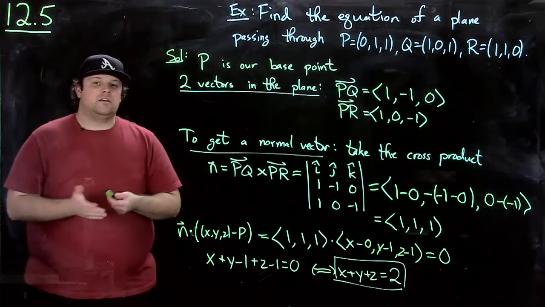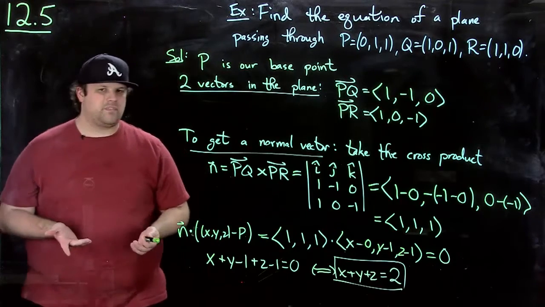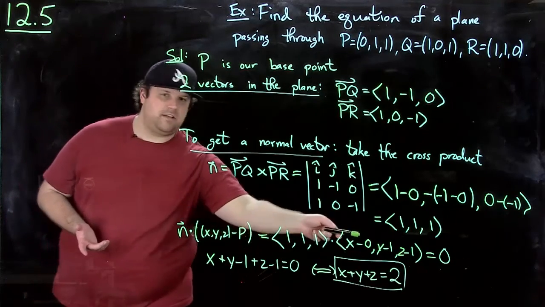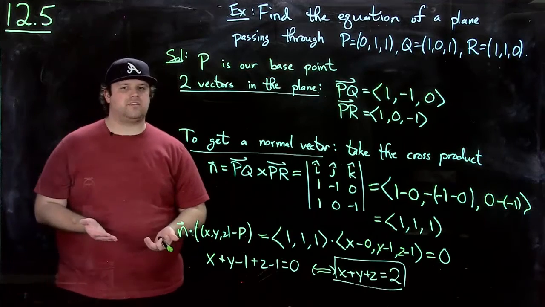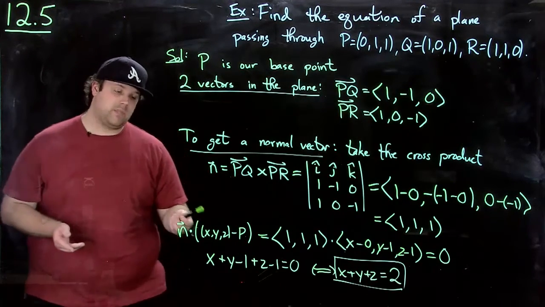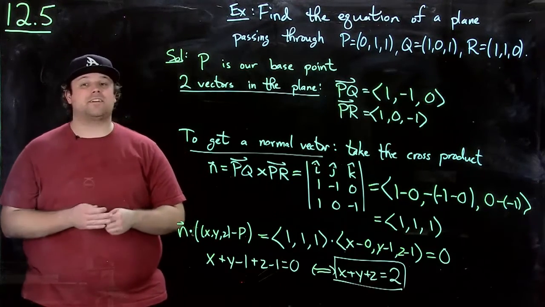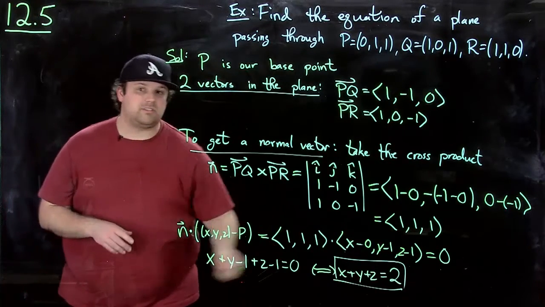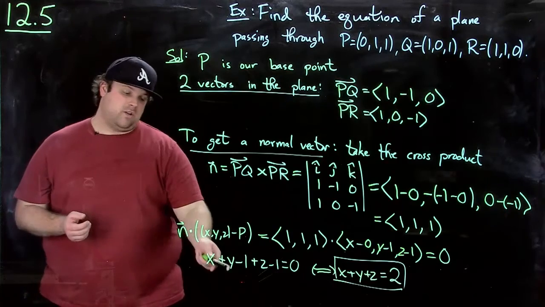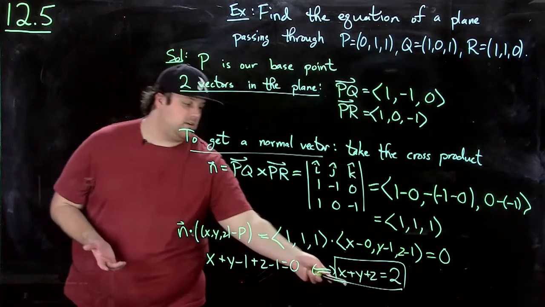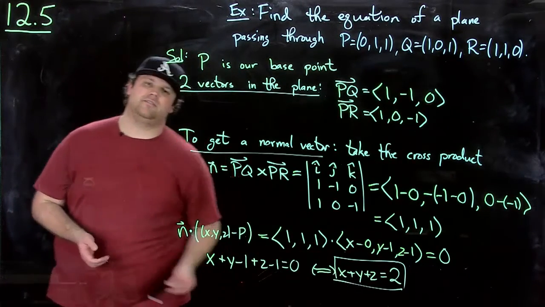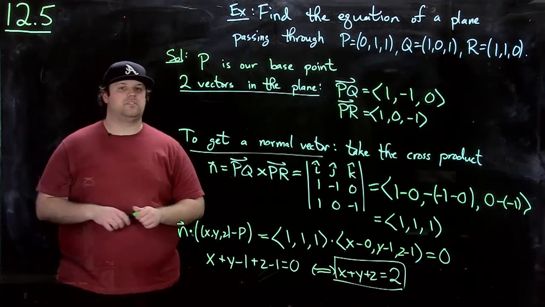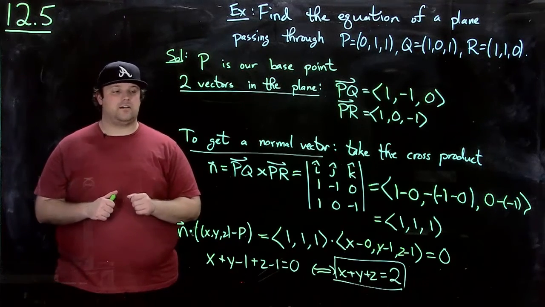So it's really okay to stop here. This is the vector equation of a line. Or, sorry, not of a line. It's the vector equation of a plane. Or we can multiply this dot product out. We could stop here if you want. Or this looks a lot nicer. We can stop there, which is the most compact form of the equation of a plane.